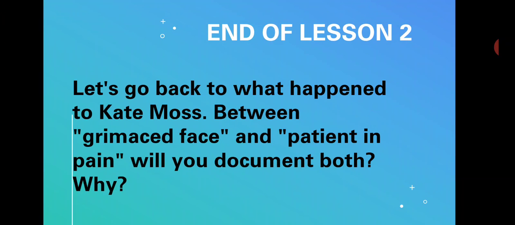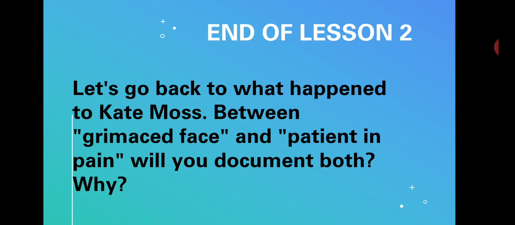Okay, now this is the end of lesson 2, but before we end lesson 2, let's go back to what happened to Kate Moss. The student nurse was Linda Evangelista. Okay, always remember, I would like to give you back the question. Kate Moss was voiding on the bedside commode.